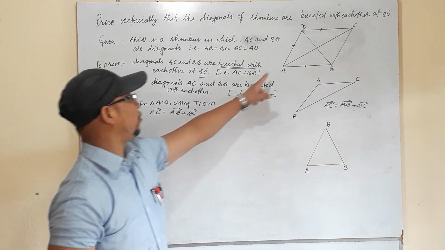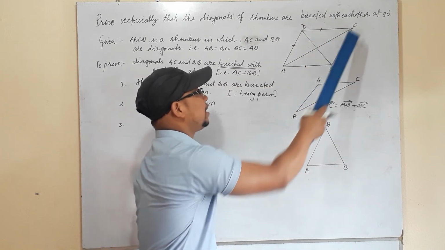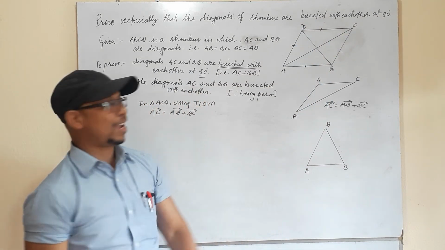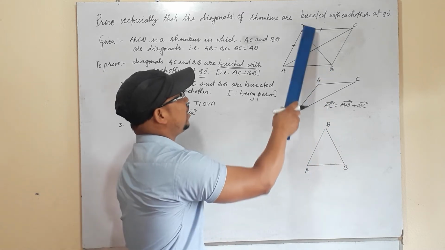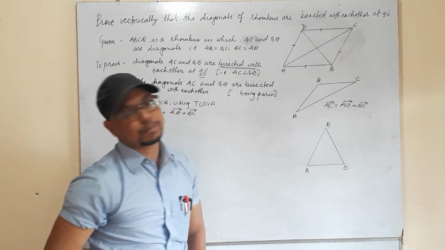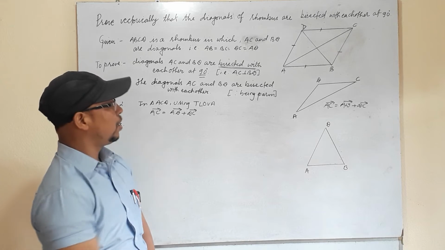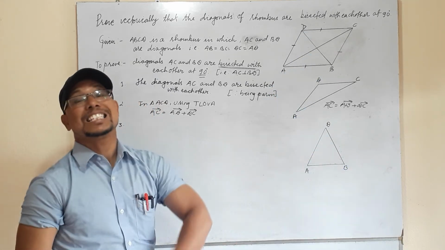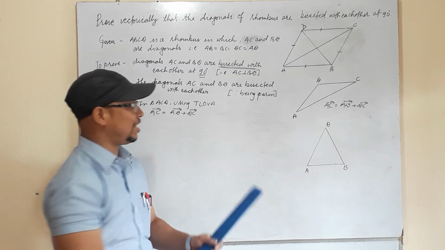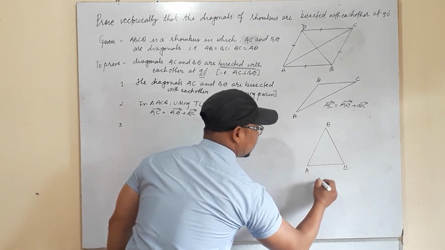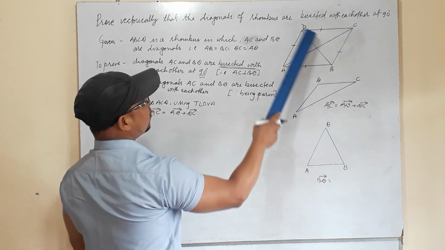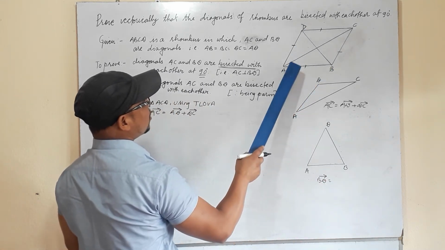Now three number. Similarly, we found AC. Now let's find BD. For finding BD, there are also two triangles, ABD and BCD. You can take either of the triangles, no problem. So I'm taking ABD. Here also let's use the triangular law of vector addition. So BD vector equals BA plus AD.